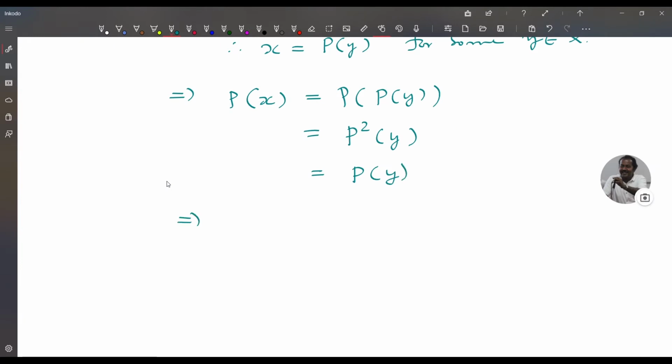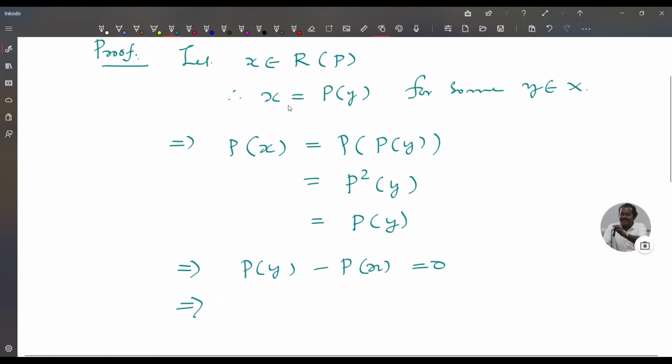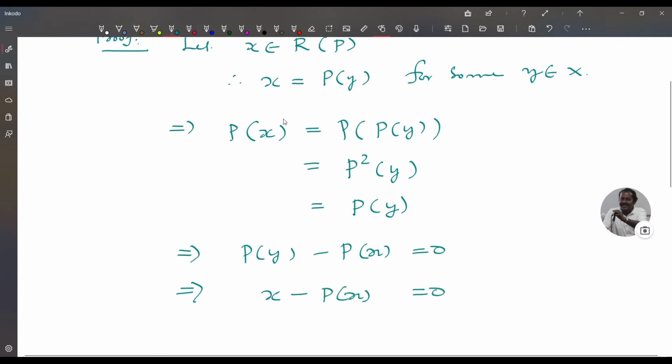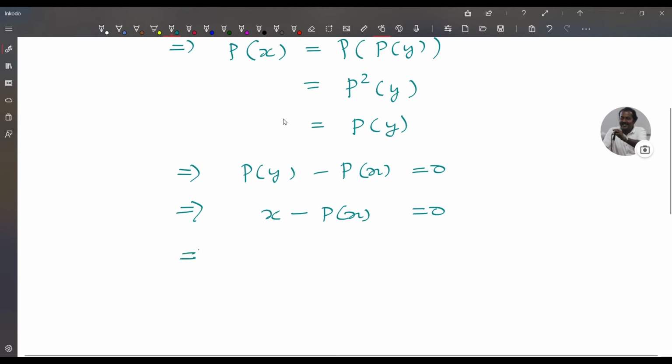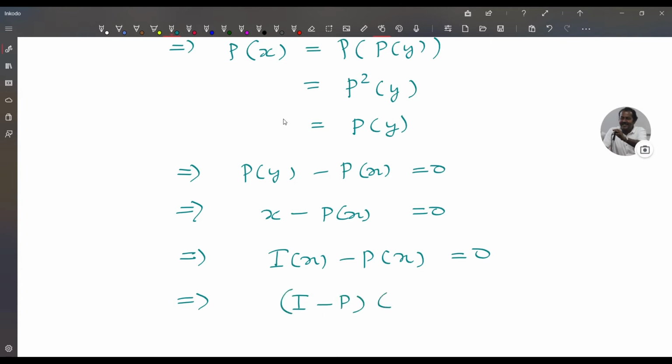So this implies P of Y minus P of X equal to 0. You know that P of Y is X. So this is X minus P of X equal to 0. So this implies I of X minus P of X equal to 0. So this implies I minus P of X equal to 0.